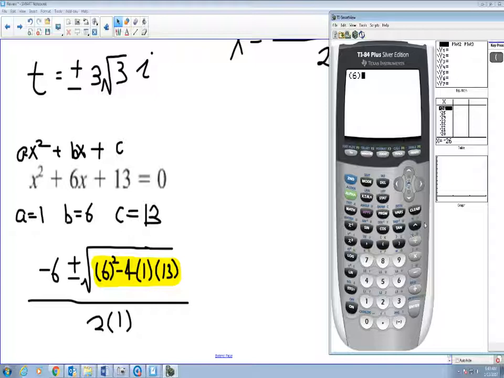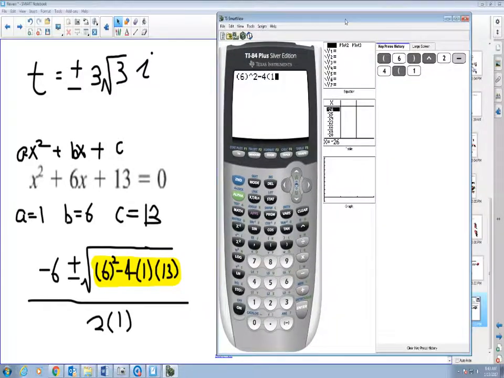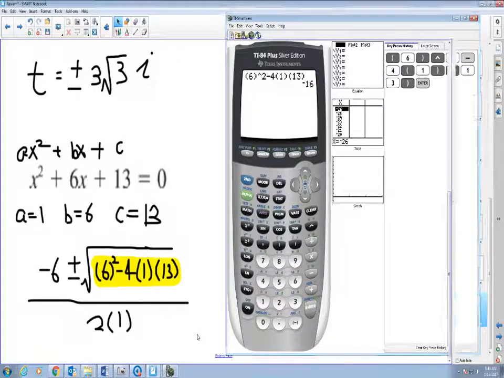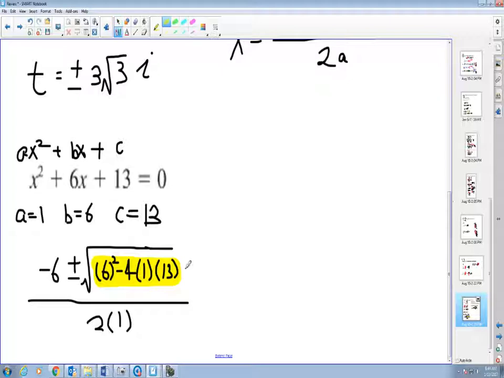Parentheses 6 raised to the second power minus 4 times 1 times 13. So inside the square root is negative 16. So negative 6 plus minus square root of negative 16, whole thing over 2.